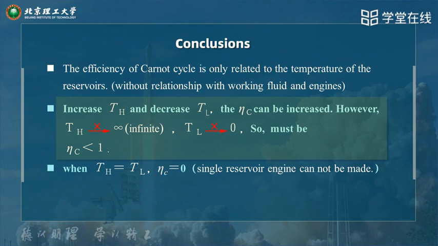However, TH cannot become infinite, and TL cannot reach 0. So the efficiency of a Carnot engine is always smaller than 100%.